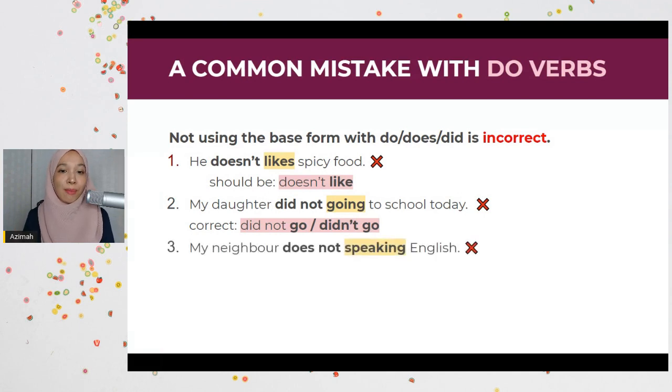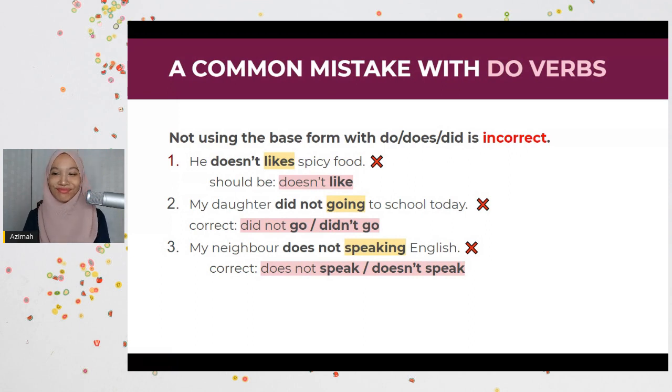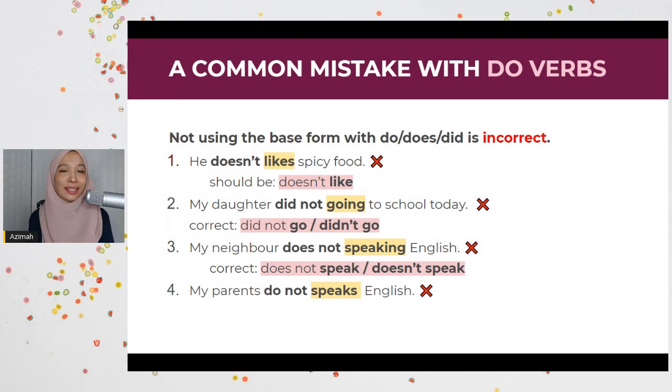Number 3, my neighbor does not speaking English. Why is this incorrect? It should be my neighbor does not speak or doesn't speak English. All right. What about this one? My parents do not speak English. What's wrong with this? It should be my parents do not speak or don't speak English.